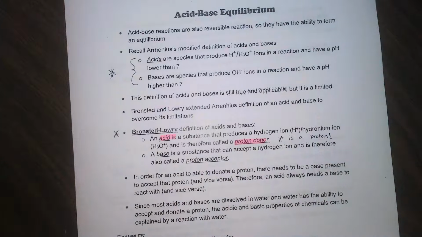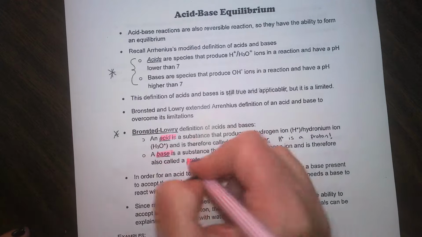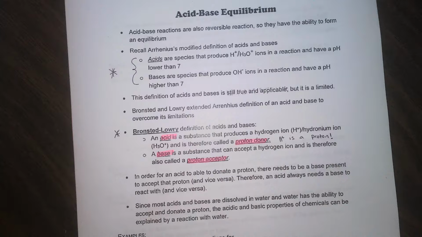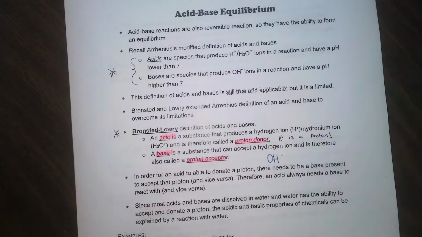It's positive. A base can accept that hydrogen ion, and so it's called a proton acceptor, because a base has, in theory, the hydroxide ion, right? And in order for it to get to neutral, it will take on that hydrogen ion that's out there floating around.